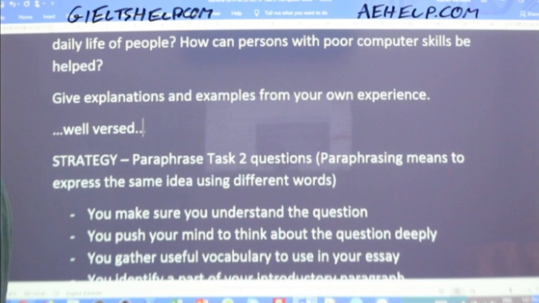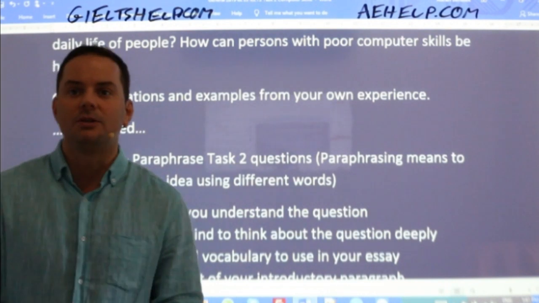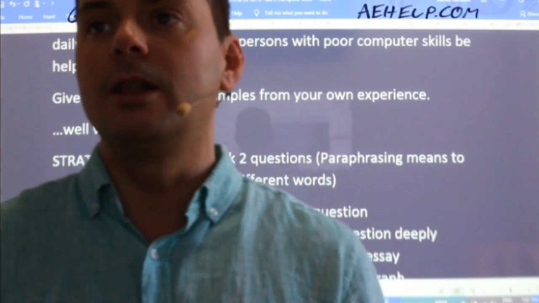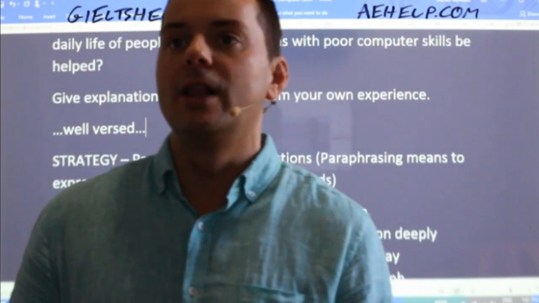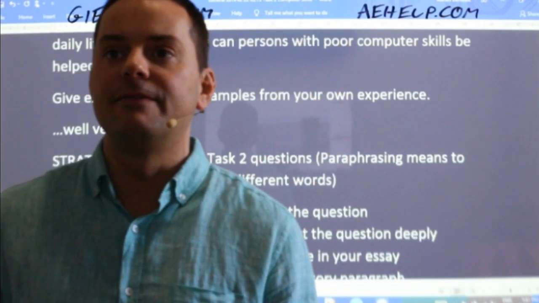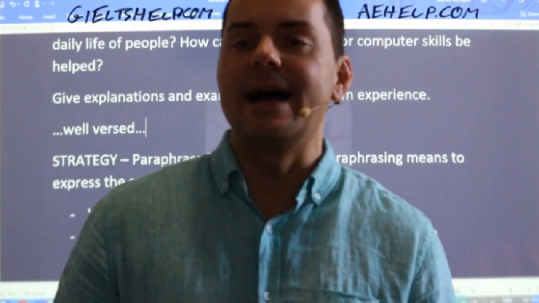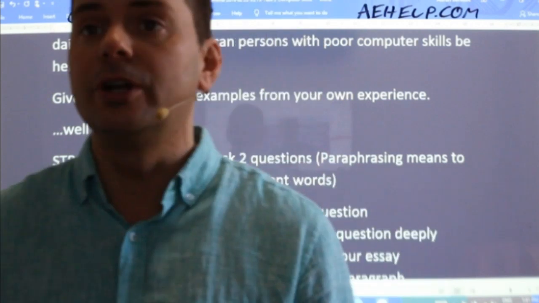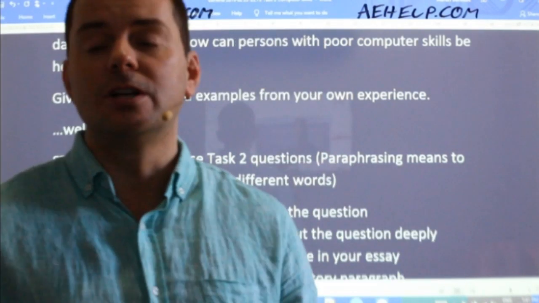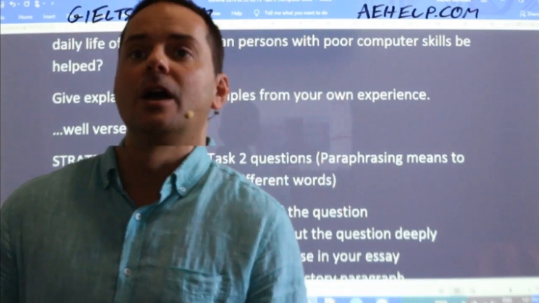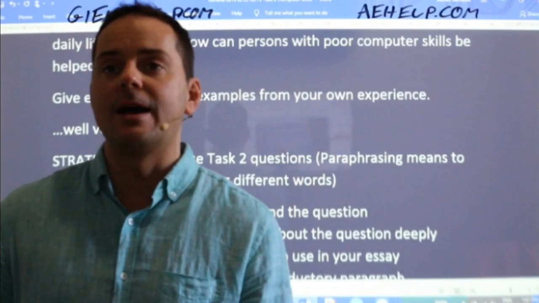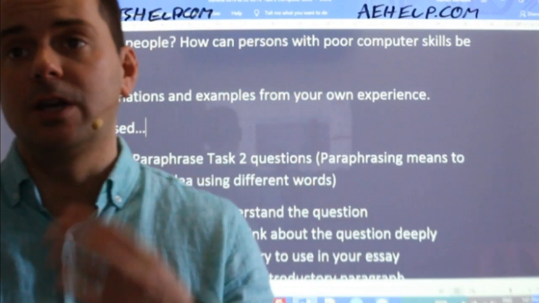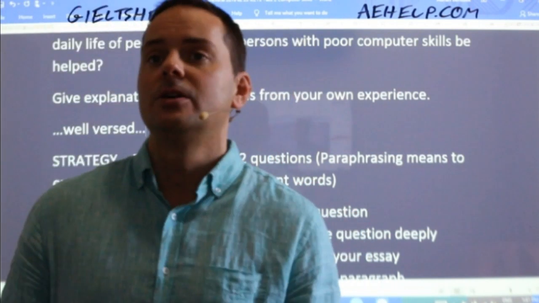Okay, it means they have a high skill level. So again, Pachu says some individuals are well versed in computers while others do not have such skills, which impacts their way of life. What can be done to aid the learning of computer skills who are bad at this? Pachu, a few corrections to your grammar and word order and word choice, but otherwise a good paraphrase. Okay, you're showing that you clearly understand what's going on.